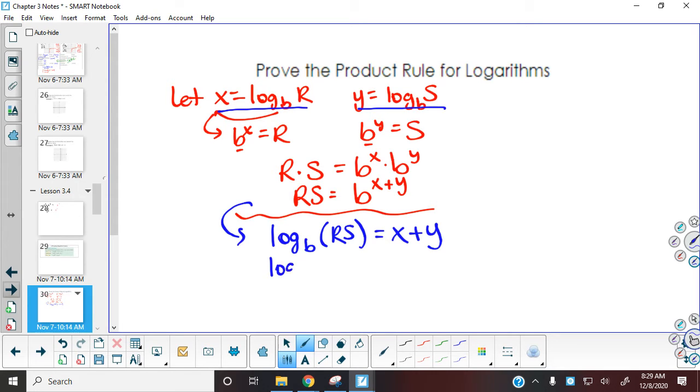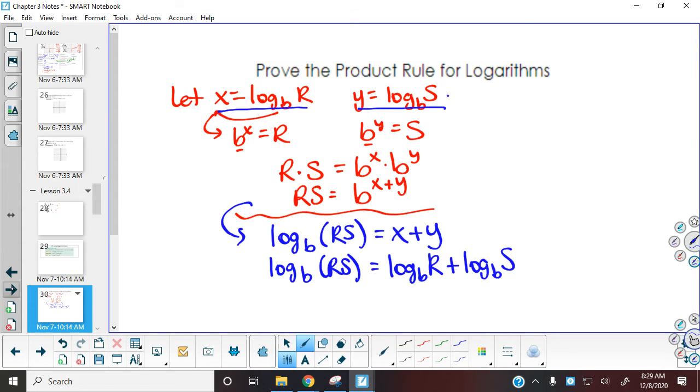So log base b of rs equals our x from the beginning, which was log base b of r, plus log base b of s for what your y equals, coming from that very first step. By rewriting and going to the exponential form in between and using our properties of exponents, we can then go back to the logs at the very end and prove that product rule.